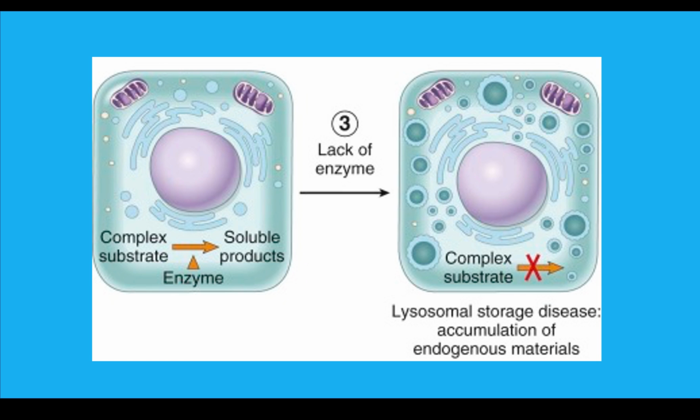The third way that you can have something accumulate in the cell is if you fail to degrade some sort of metabolite due to an inherited enzyme deficiency. These are classically referred to as storage diseases. There's lysosomal storage diseases and other types of storage diseases that, again, we'll get to later on. This is just to give you an idea of how these things can happen.